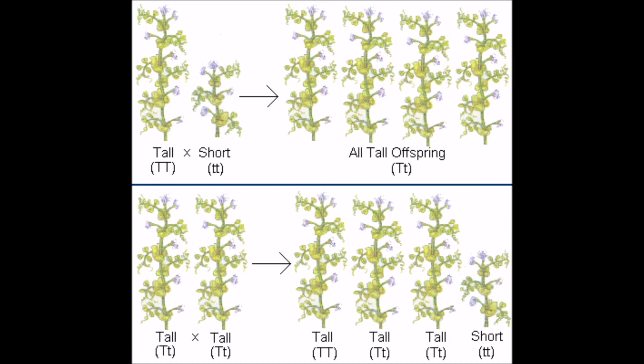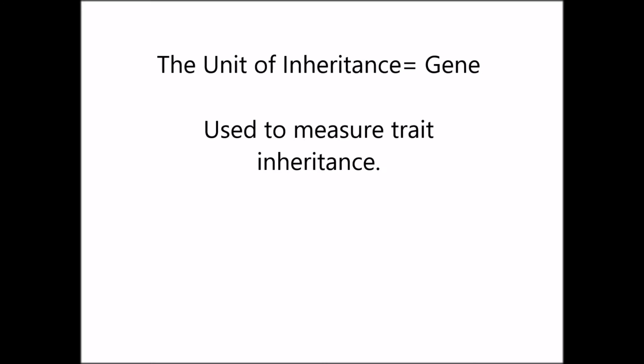He called the pea plants that he crossbred hybrids, since they had genetic material from both a tall and a short pea plant. In order to explain his findings and the characteristics of the offspring, Mendel had to create the unit of inheritance, what we know today as genes.